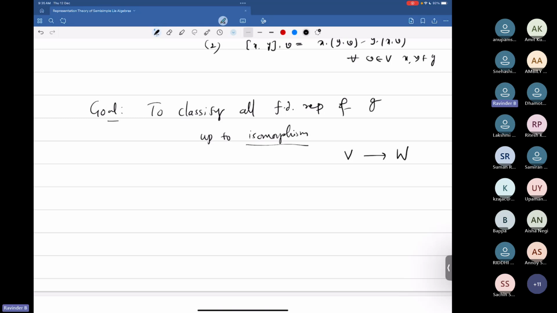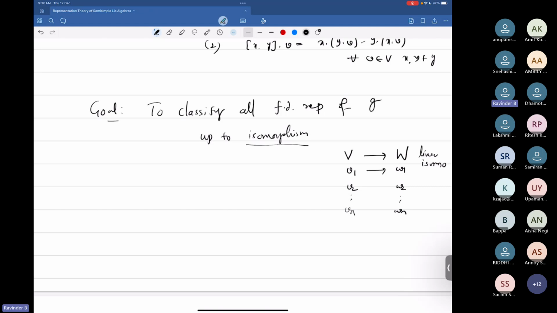So W is a dummy copy of V. Let's say I denote a basis V1 to Vn, and the basis of W as W1 to Wn. So just the symbols are changing. There is a linear isomorphism.